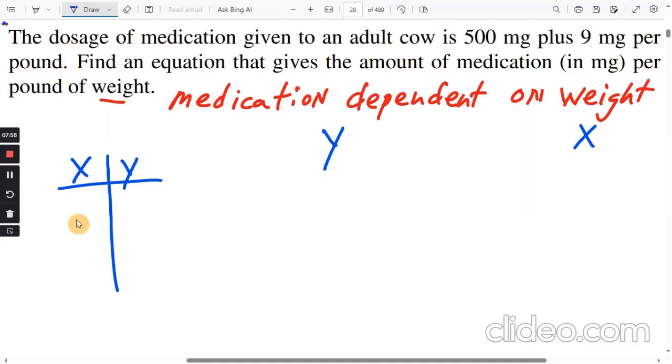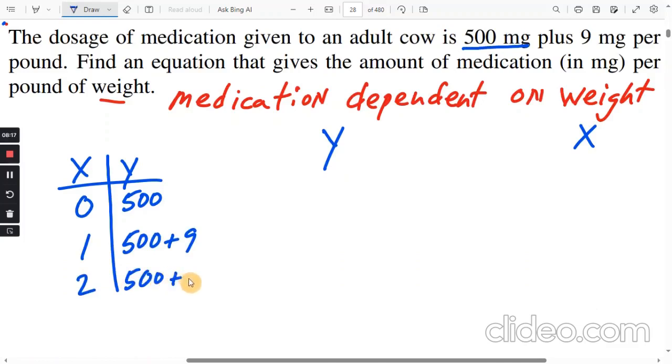Okay, so that means at 0 pounds, it's going to be 500. And it's 500 plus 9 per pound. So at 1 pound, that's 500 plus 9. At 2 pounds, it's going to be 500 plus 9 times 2, and so on, right?